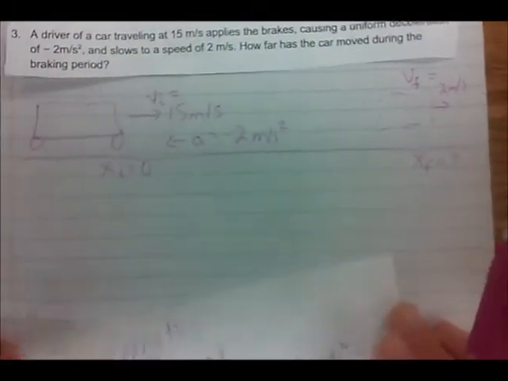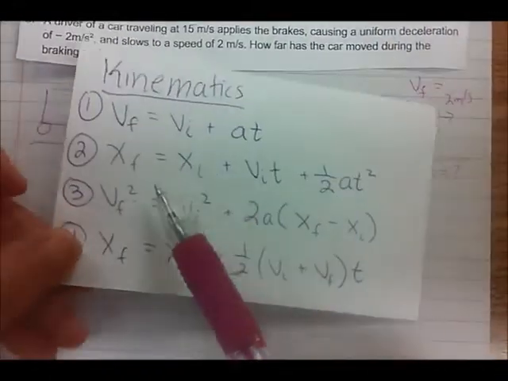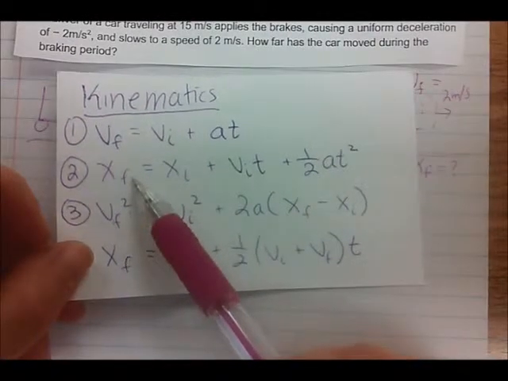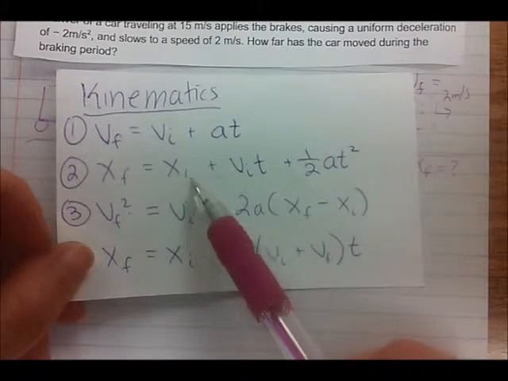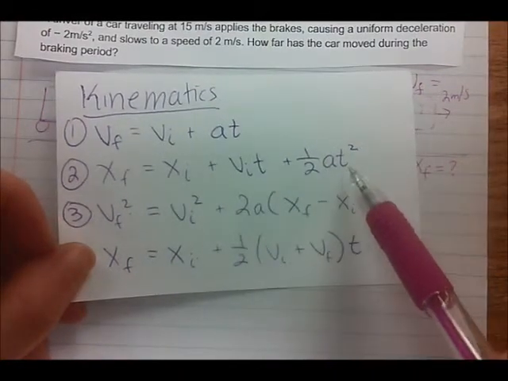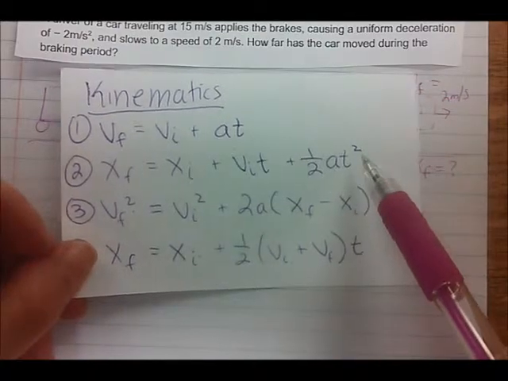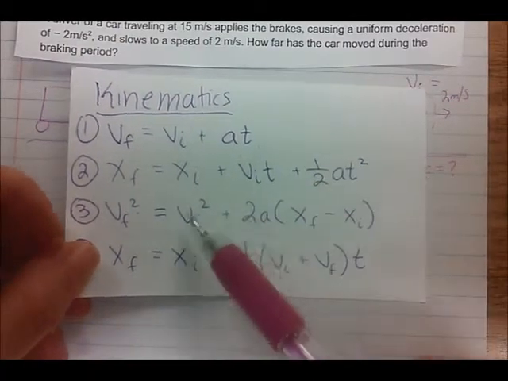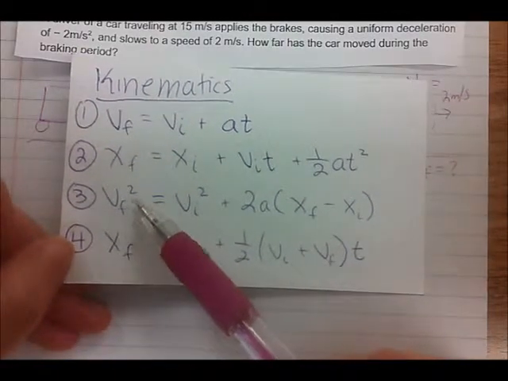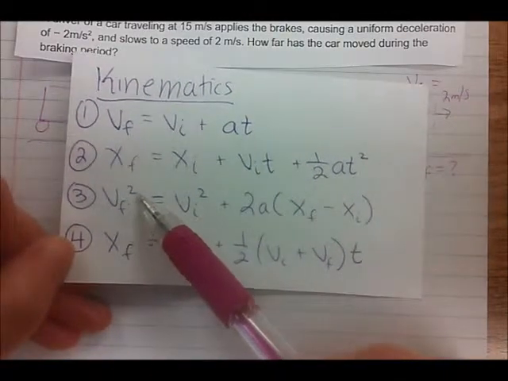So let's go back to that second kinematic. We're looking for our final position. We have our initial position, we have our initial speed, we have our acceleration, but we don't have the time. So it looks like we don't want to use that one either. What about kinematic number 3? So we have our final speed, it's that 2.